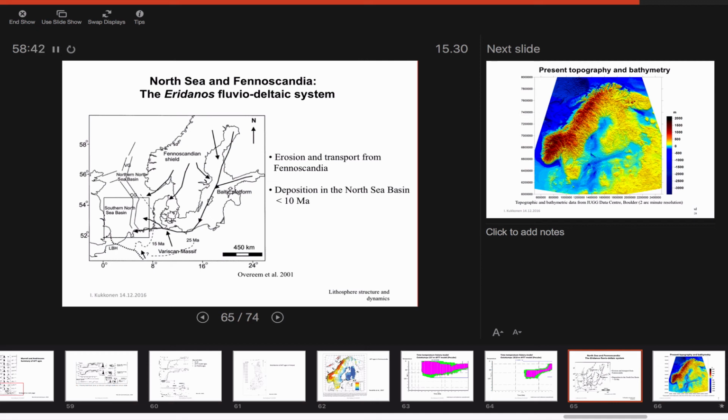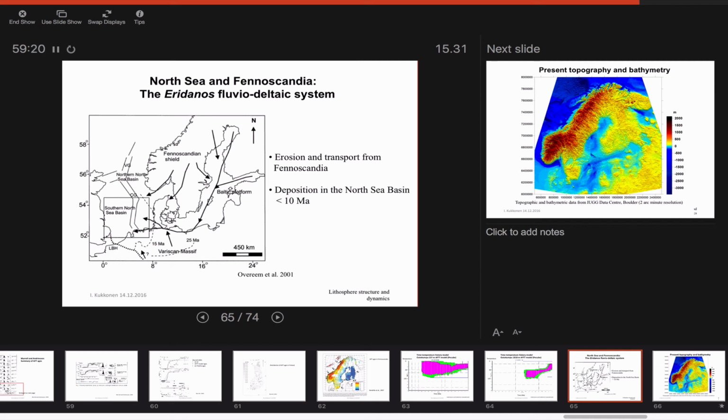Then the final part of this class today is about the Eridanos river system. Now, there's a lot of research carried out here in the North Sea because of the hydrocarbon deposits. There's a huge amount of research and drilling done, and one of the important observations for our problematics today is that the provenance of a lot of the sediments in the North Sea, especially in the Cenozoic and later times, is Fennoscandia.